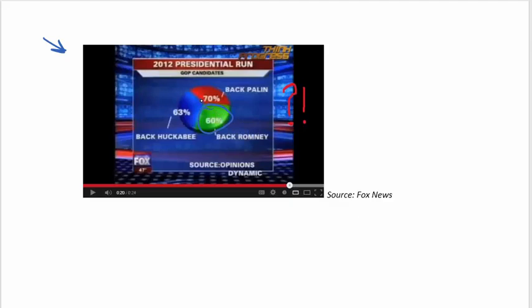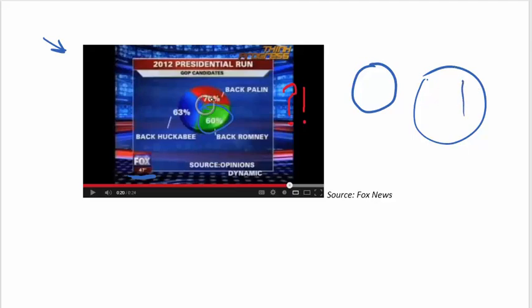So whoever is presenting this information, it's like some Fox channel here, they've created the pie chart not accurately. And the way they do that is instead of making the pie chart 2-dimensional, they make it 3-dimensional. And when you make it 3-dimensional, you can see how it's kind of rotated back there.